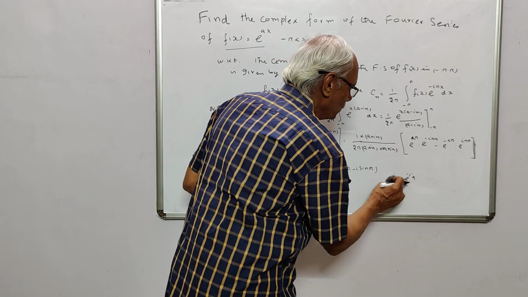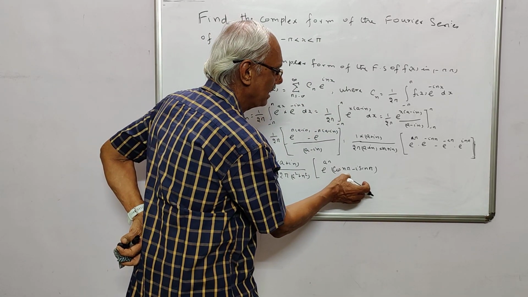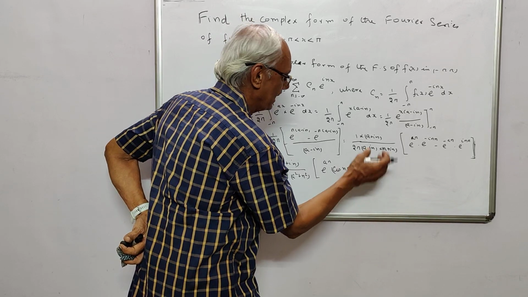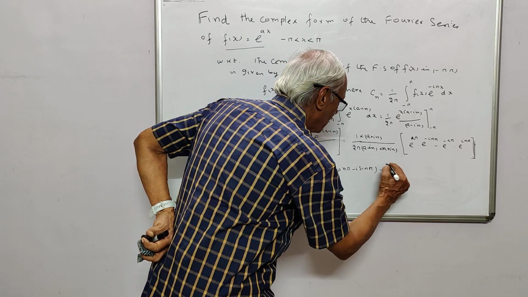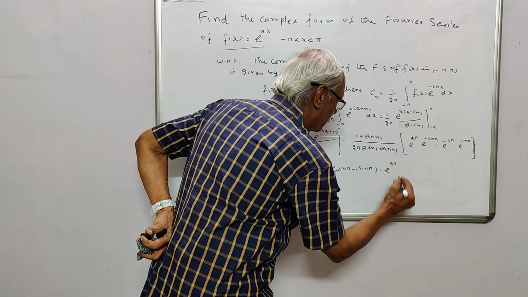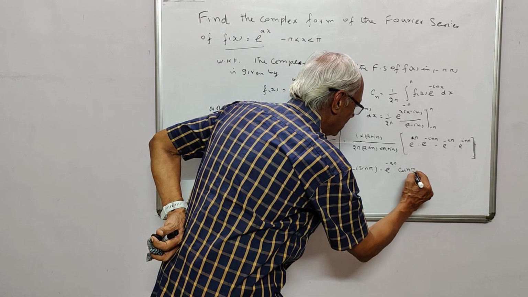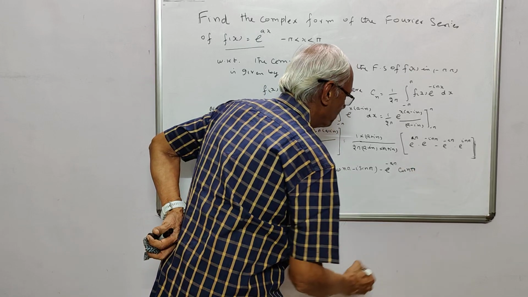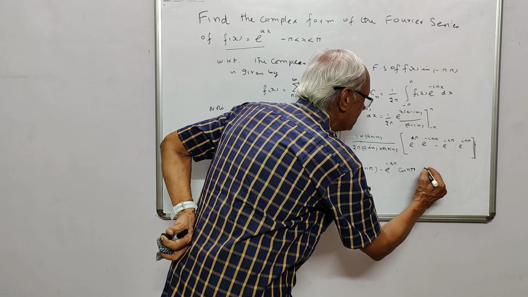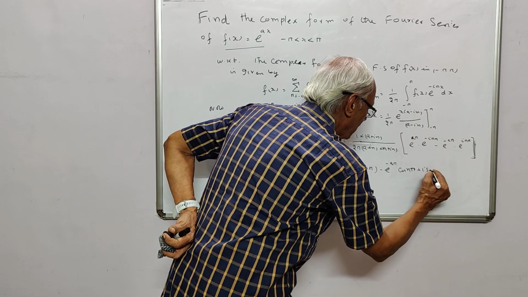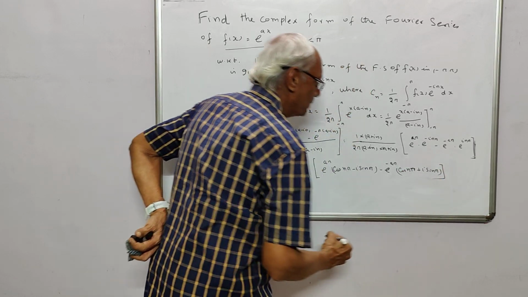So using De Moivre's theorem, I can write this as cos n pi minus i sin n pi. Then minus e to the power of minus a pi, and this is cos n pi, then it is plus i sin n pi. So this is what you have.